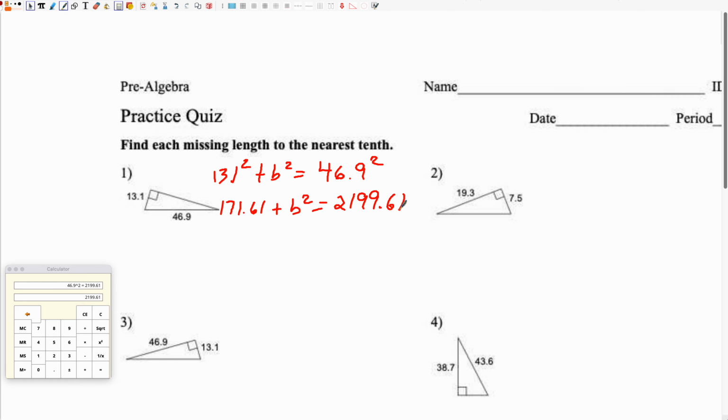So then what's my next move? Subtract the 171. Yep, subtract 171.61. It's gonna be 2028.